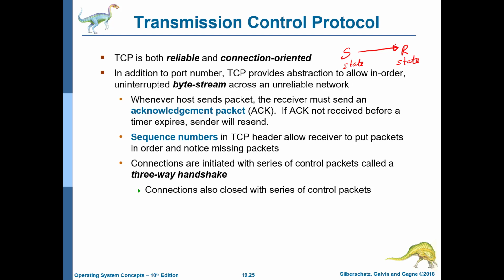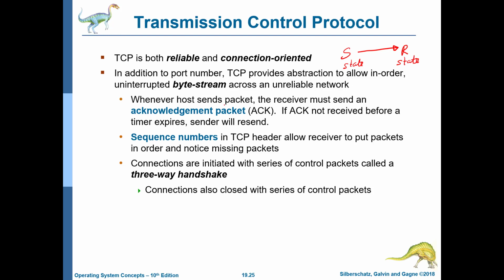So TCP provides an abstraction as if the message is being seamlessly sent from the sender to the receiver, but that is of course not the case. What can happen is that packets can get dropped in the middle, or there could be a lot of congestion.